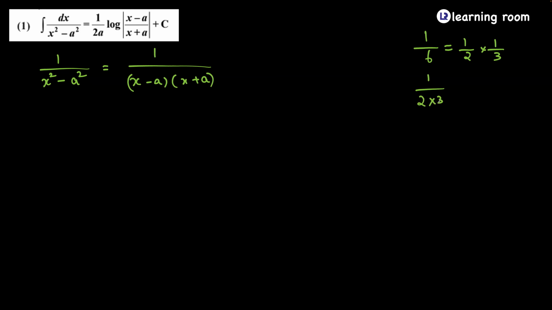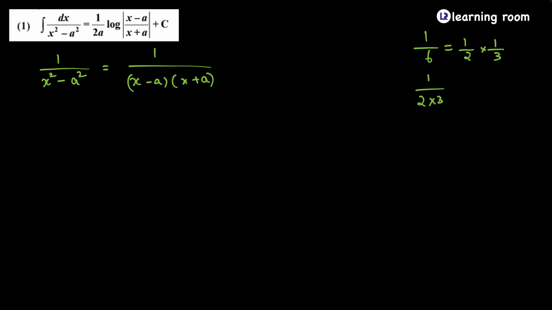when you have 1 by x square minus a square, you can write it as 1 divided by x minus a into x plus a. You can always see, for example, if I have 1 by 6, I can write it as 1 by 2 into 3, right?